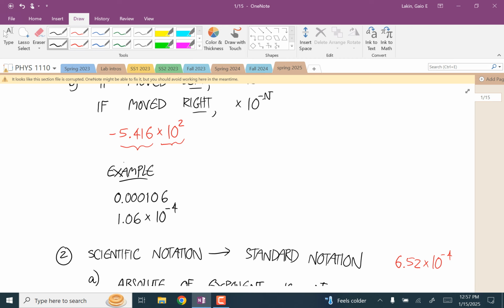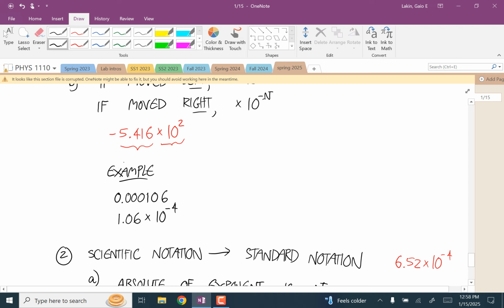Until you internalize what it means, the rules are kind of a pain to remember. Like, okay, do zeros count? Well, it depends. Zeros after the number don't count unless they're in a decimal, and then they do count. Zeros before the number, I guess they don't count if it's in a decimal. So it can be a little tricky if you're looking at a standard number.